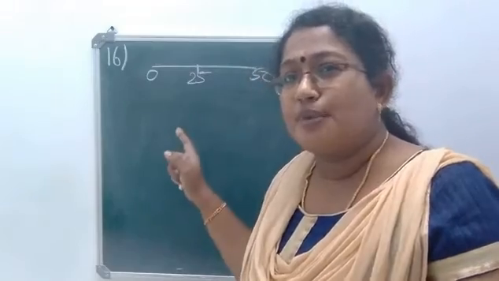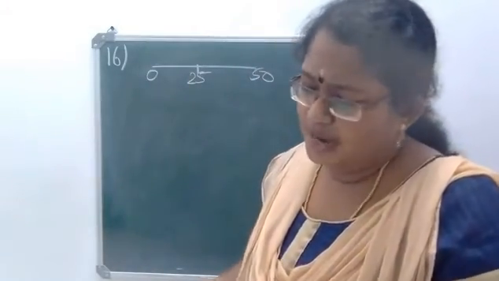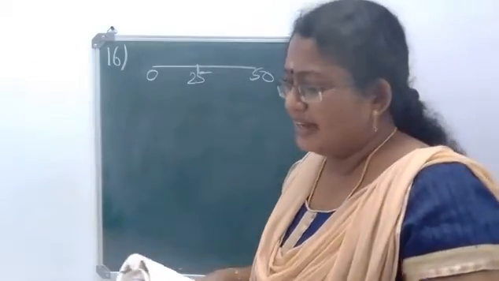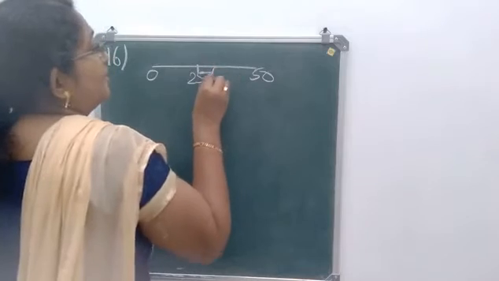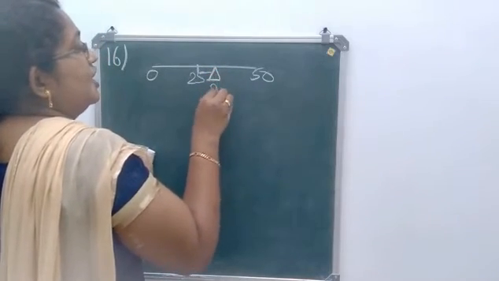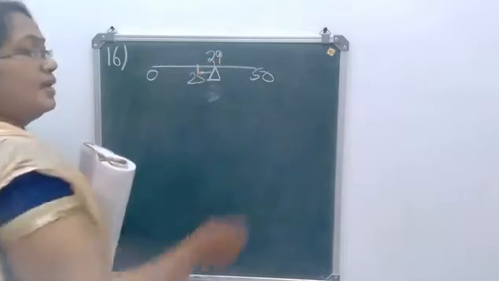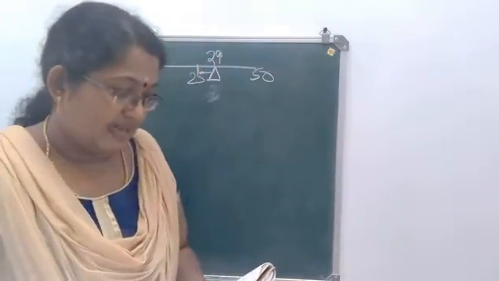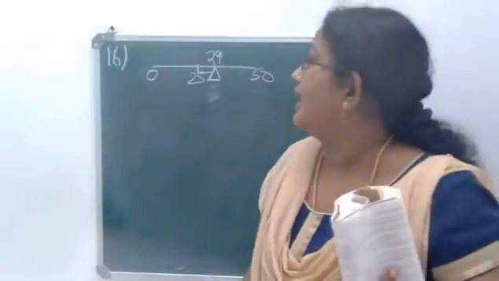Since it is a half meter rule, I have marked it as 0 and 50. A uniform half meter rule can be balanced at the 29 centimeter mark. So here it is balanced at the 29 centimeter marking when a mass of 20 gram is hung from its one end.